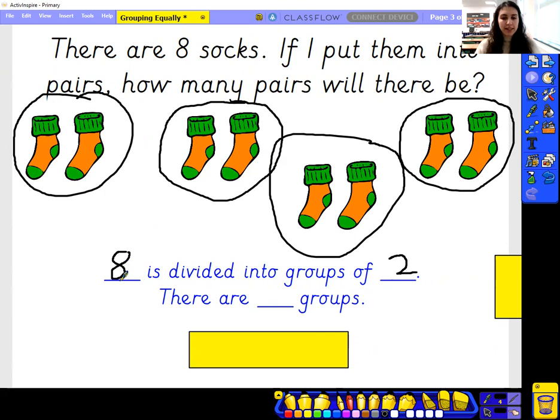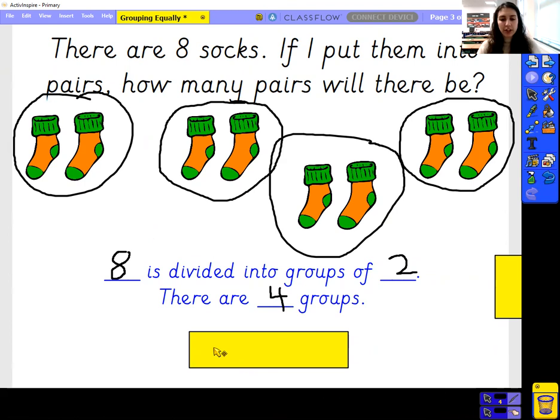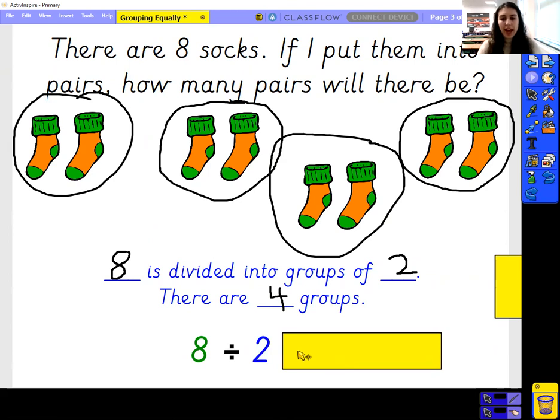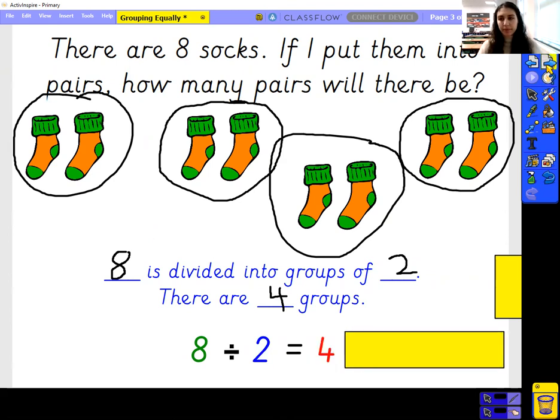So I started with 8 socks, it was divided into groups of 2, and that gave me 4 groups. What we would say as a division is 8 socks were divided into groups of 2, and that gave me 4 groups.